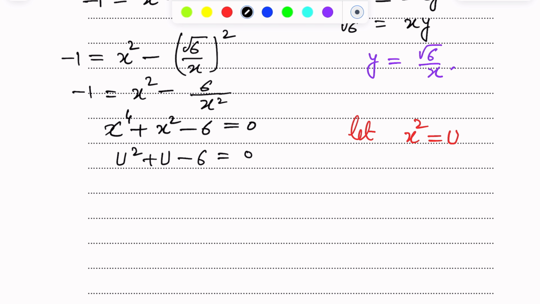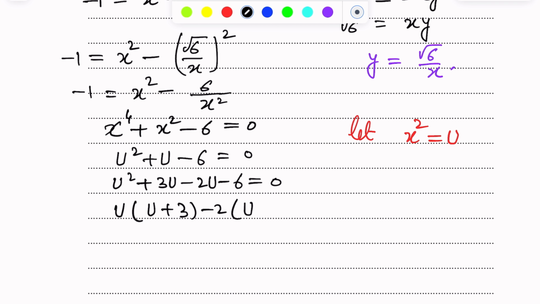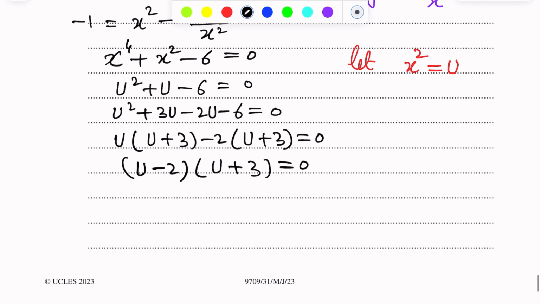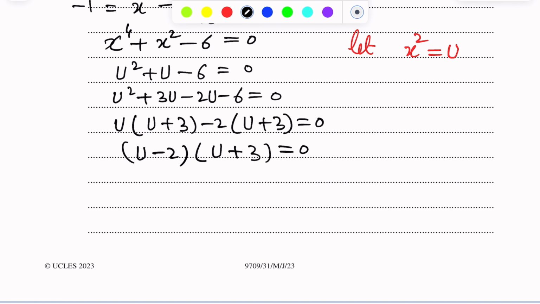Factorizing, we get u square plus 3u minus 2u minus 6 is equal to 0. These are the factors: u minus 2 into u plus 3 is equal to 0. From here we get two values of u: u is equal to 2 and u is equal to negative 3.